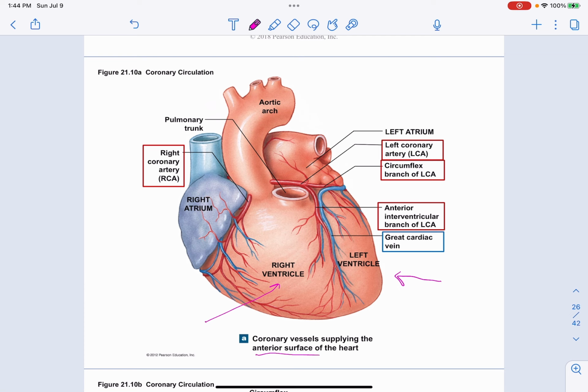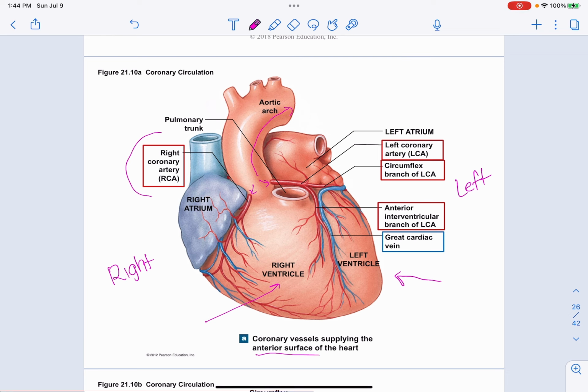All right, so the first thing to do is notice that there is a right coronary artery. This is, of course, the right side of the heart, and this is the left side of the heart. Both the left and right coronary artery are emerging from the aortic arch. This is blood that's being distributed to the rest of the body, so it is oxygenated.